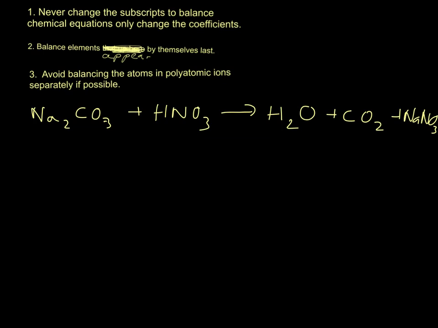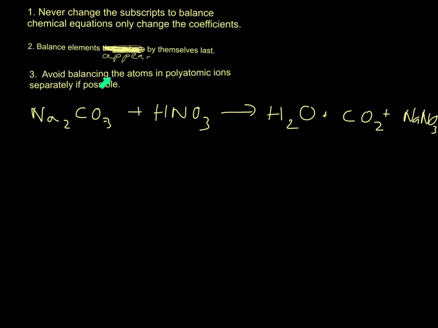I'm going to move those pluses over just a little bit. So we've got a longer one than we're used to looking at, and it also gives us a chance to exercise number 3.